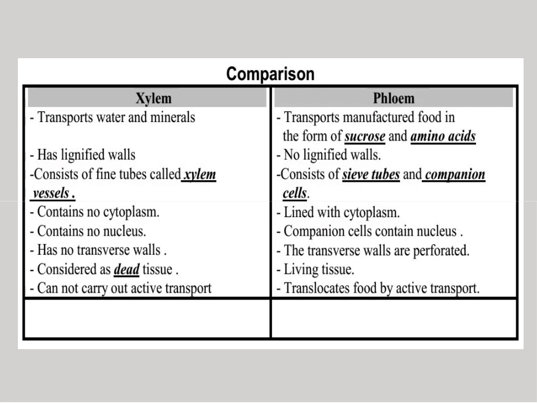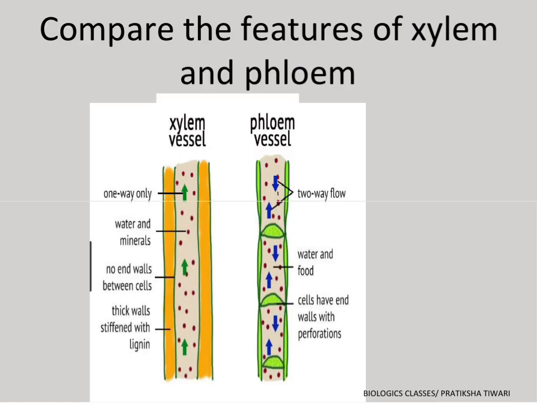Xylem contains no cytoplasm while phloem is lined with cytoplasm. Xylem contains no nucleus while companion cells contain a nucleus. Xylem has no transverse walls while phloem has perforated transverse walls. Xylem is considered dead tissue while phloem is living tissue. Xylem cannot carry out active transport while phloem translocates food by active transport.